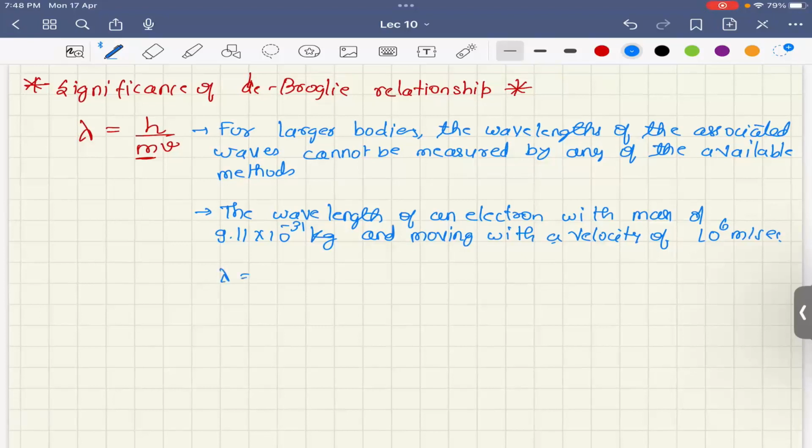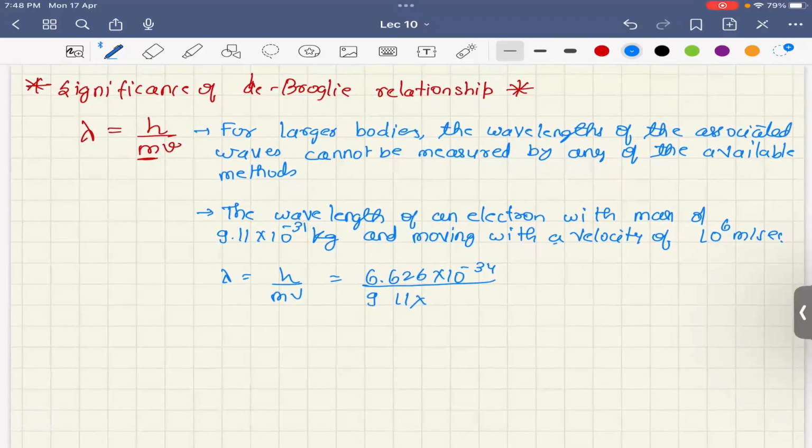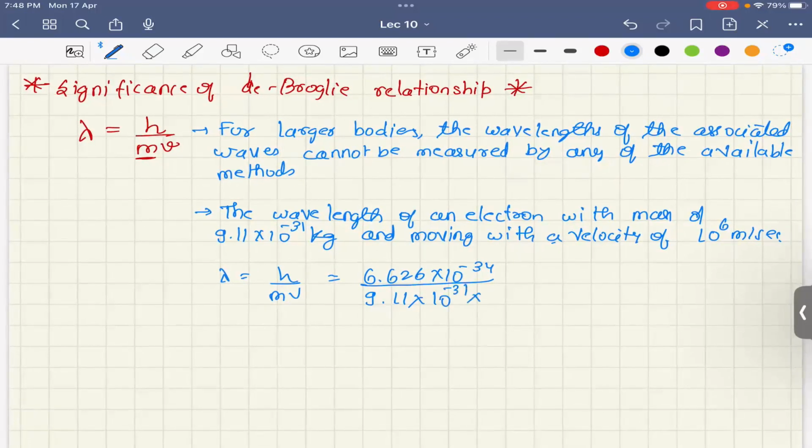For that, the wavelength would be h by mv, which is 6.626 into 10 raised to power minus 34 divided by 9.11 into 10 raised to power minus 31 multiplied by 10 raised to power 6, which comes out to be approximately 7.28 into 10 raised to power minus 10 meter, right.